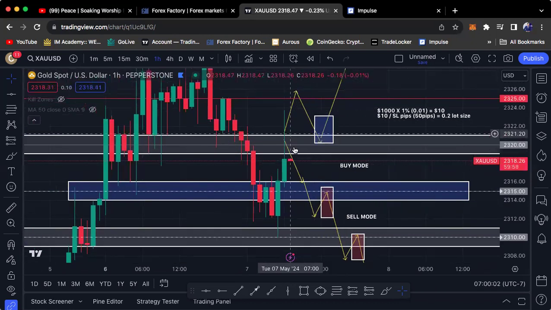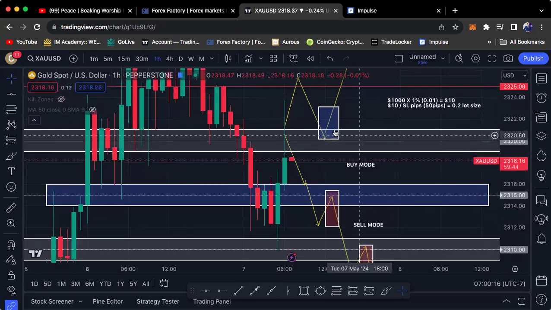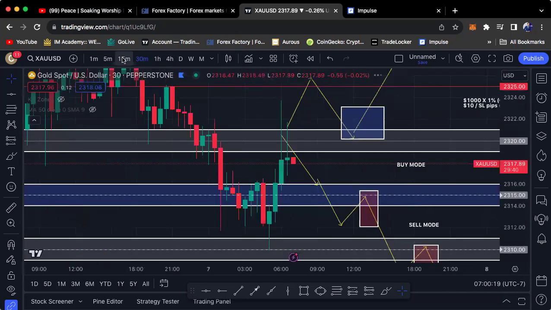So price closed below the hourly zone. It opened up bearish. Let's see what price does. See how it's trending down now.